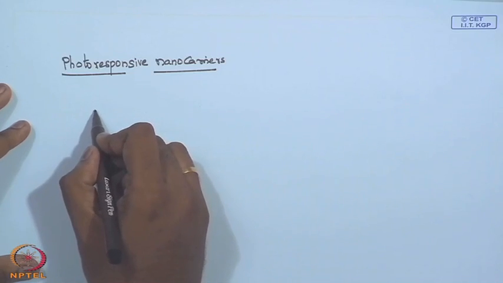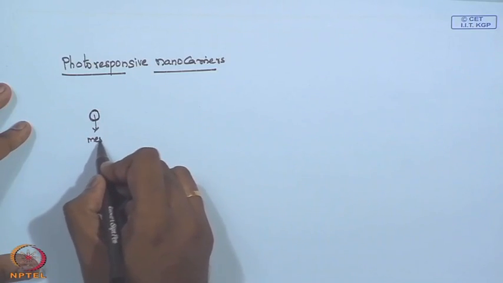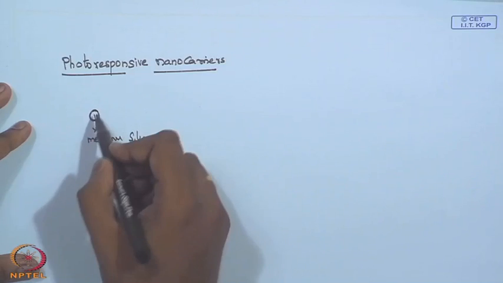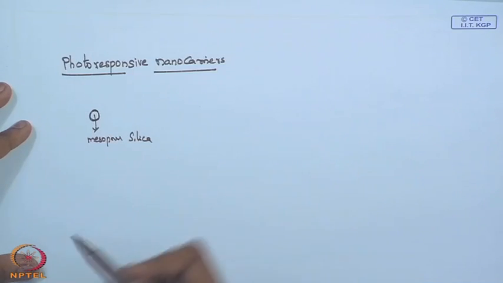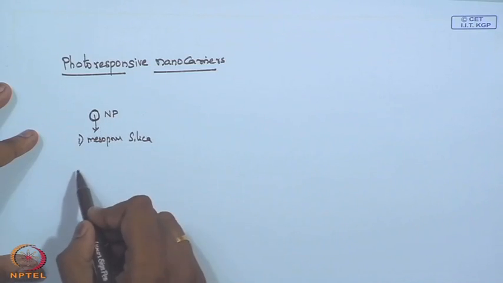What is that? Again, it is a photoremovable protecting group, but now it is not attached directly to the drug, it is attached to a nanoparticle. What advantage does that give you? For example, people are using mesoporous silica as the nanoparticle.